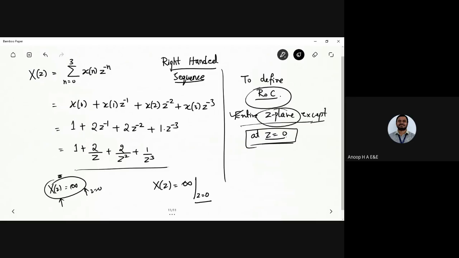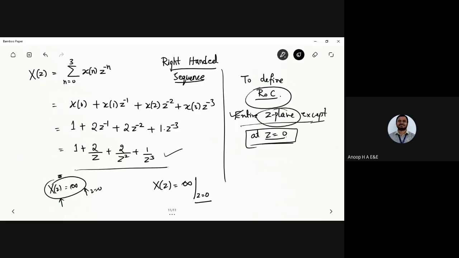Any other values that you give, say z equal to 1, z equal to 1.5 or something like that, you will have a finite value, where X of z converges to some finite value. So the entire z plane, for all z values except z equal to 0, you are going to call the region of convergence.